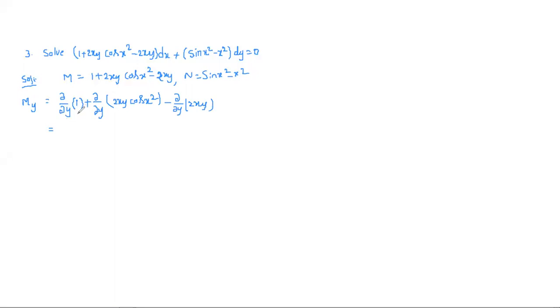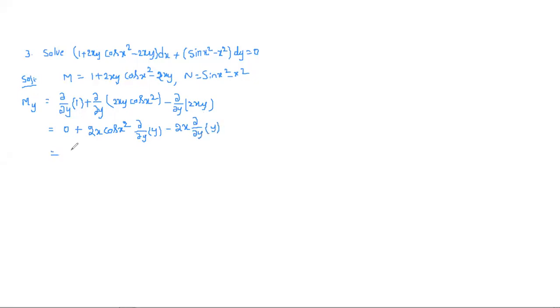With respect to y, x is a constant, so we can write 2x cos x² outside, times ∂/∂y of y, minus 2x outside, ∂/∂y of y.